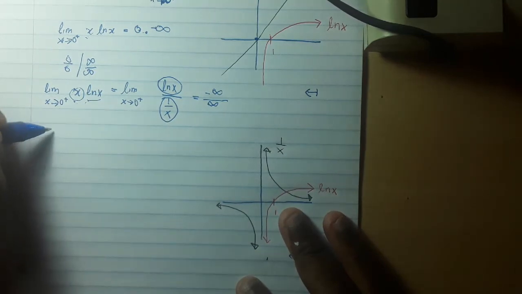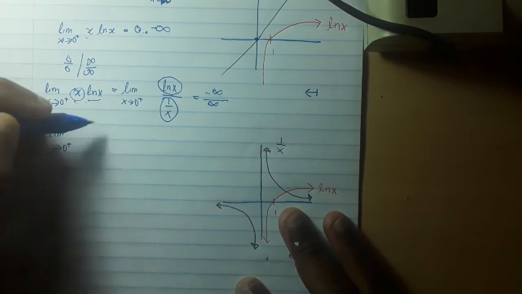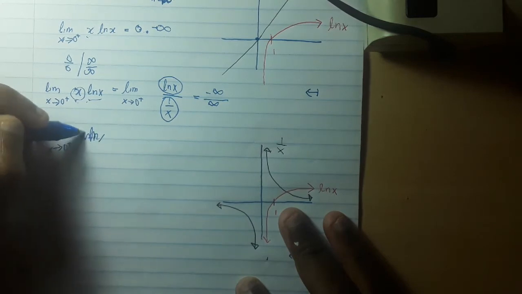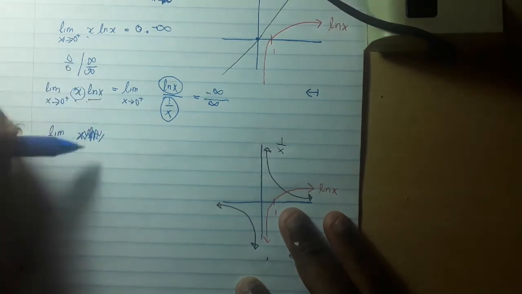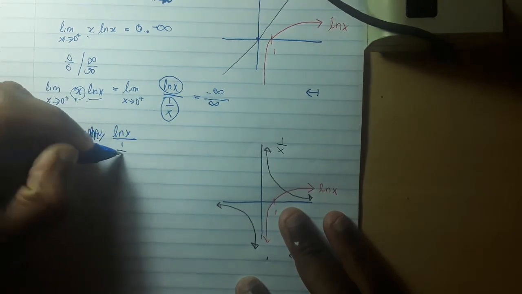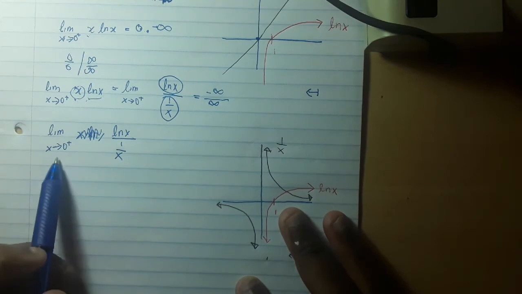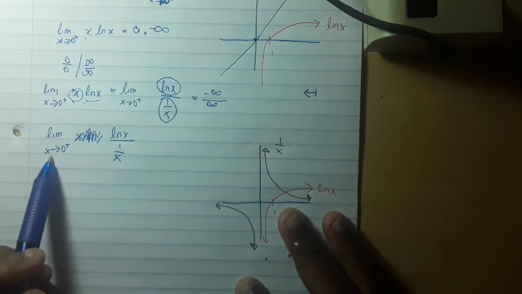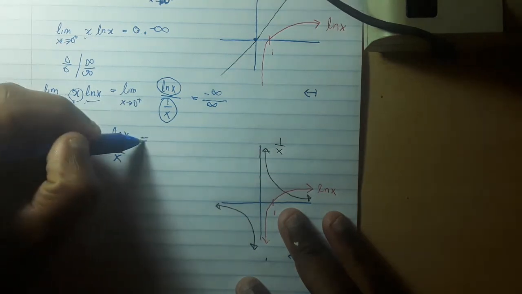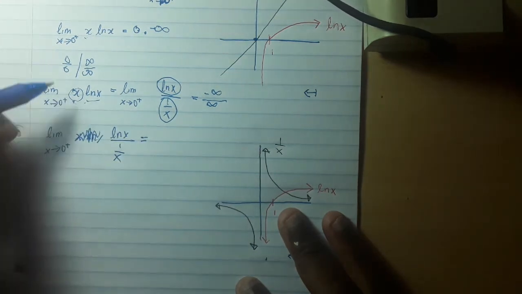So what we'll do is we'll say the limit as x tends towards 0 of x ln x. Let me write this rather as the simplified version, ln x over 1 over x. The limit of this as it approaches 0 from the right is then equal to the limit of the derivatives.